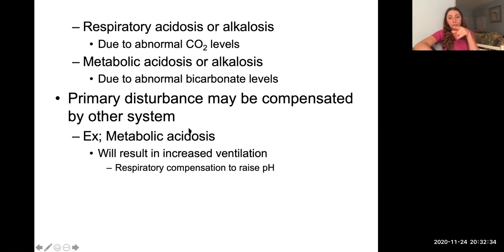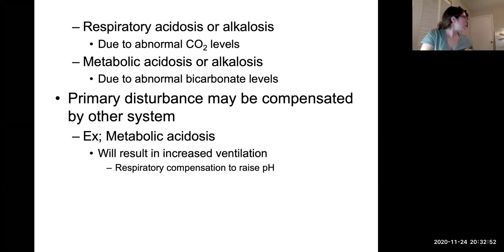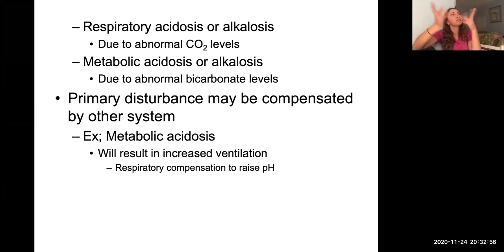Metabolic acidosis, like ketoacidosis from ketone bodies, because the glucose isn't used and the body breaks down fat, will result in increased ventilation so they can get the carbon dioxide out and lower the hydrogen ion levels, so that it can raise the pH because it's too low.